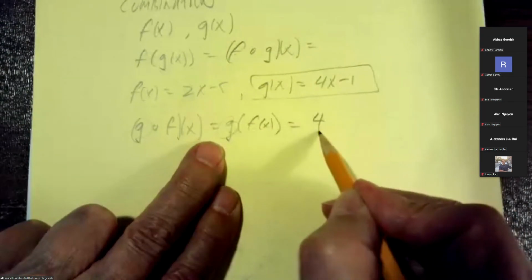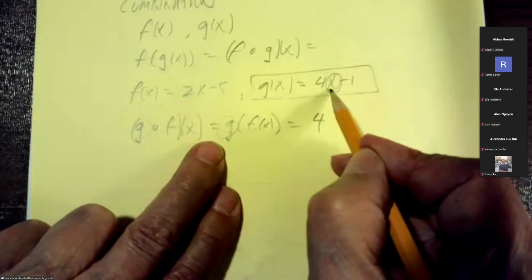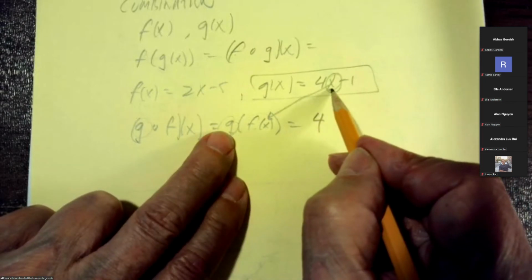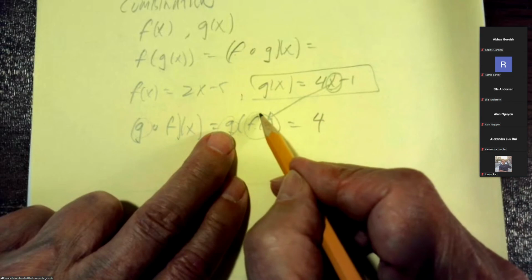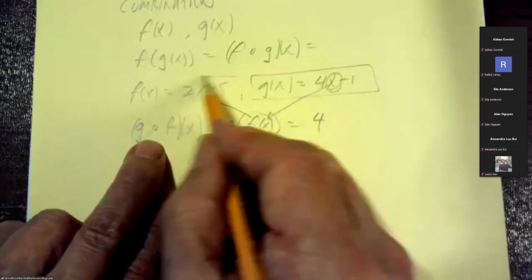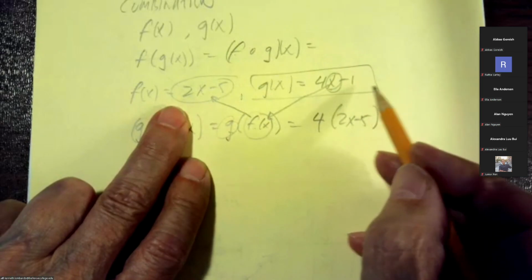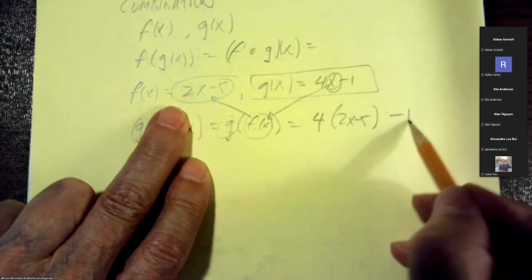So this is what I'm using. And I'm saying 4. And then instead of x, it's not g of x, it's g of f of x. And what's f of x? Well, that's this thing. So that becomes 2x minus 5. And then minus 1.